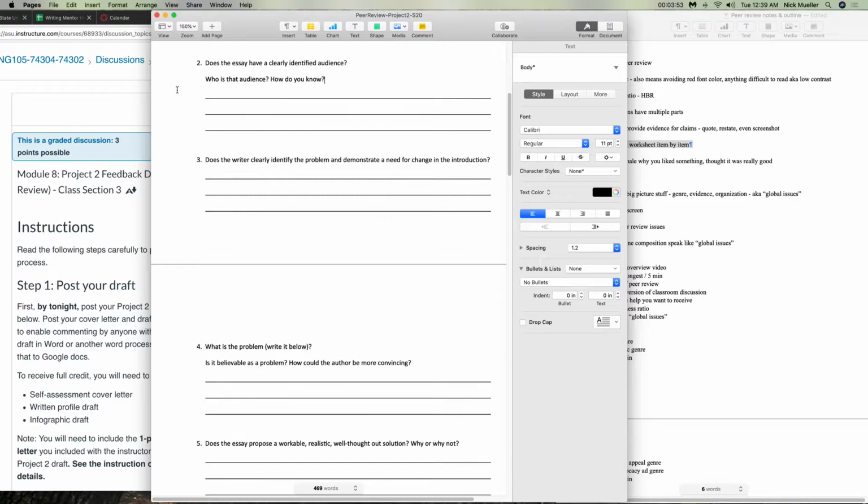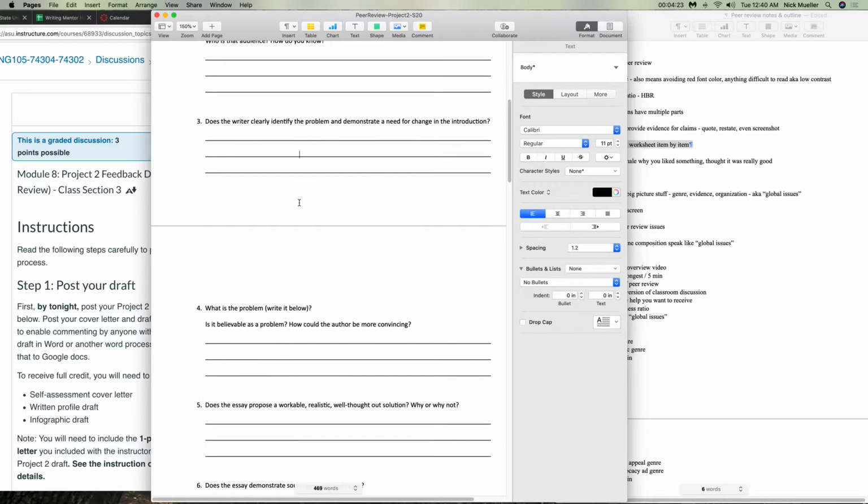We're trying to keep the focus on a local issue in a community, so the locality can tell you a lot. The population or populations affected by the problem or issue in the community can help. And again, how do you know? How do you know is consider this an invitation to cite evidence, cite specific text from your peers' Project 2 draft.